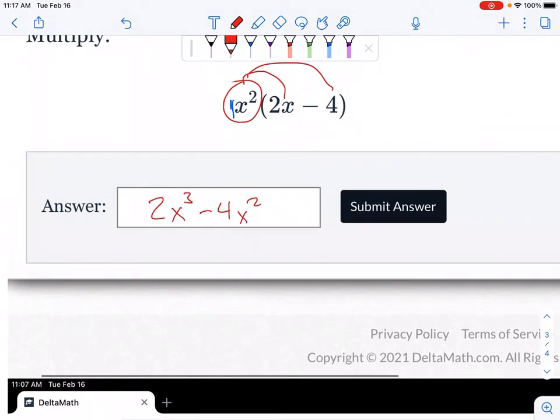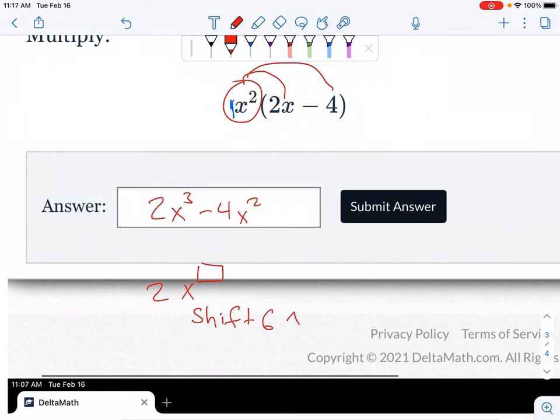And when you go to type your answer in, remember you're going to hit the 2 button, and then you're going to hit the X button, and then you're going to hit Shift 6, which is like that little caret. It's like a little arrow. And that's going to make your exponent number for you.